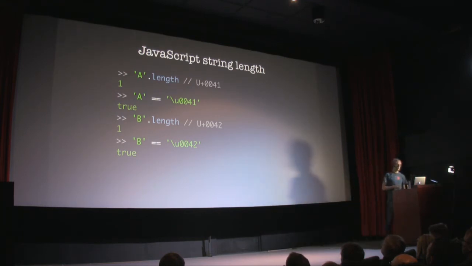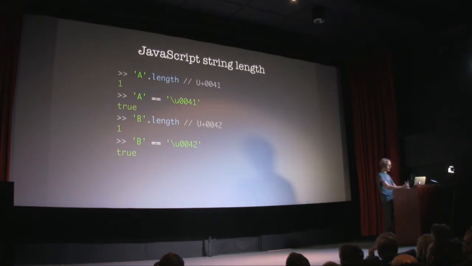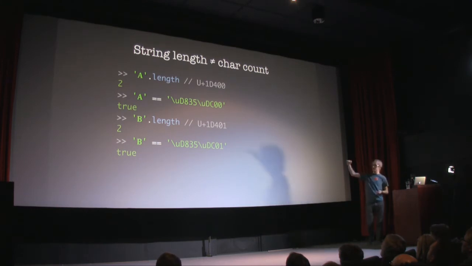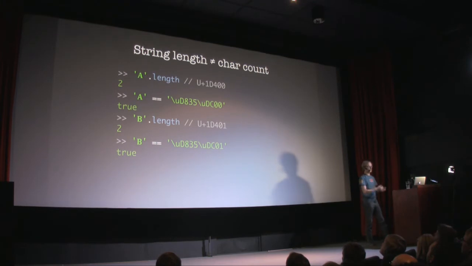In these examples, the length property of the string happens to reflect the number of characters in the string. But this is not always the case. And that's one thing that really surprised me. Let's try some other symbols here. So these symbols look a bit different, but almost the same. This is the mathematical bold capital letter A and the mathematical bold capital letter B. They're different symbols, so of course they get their own code points.